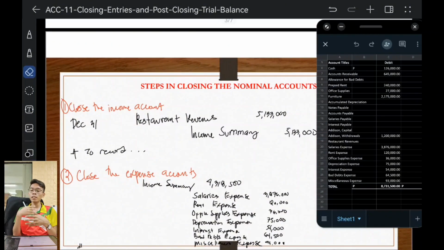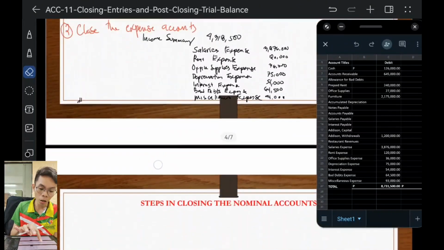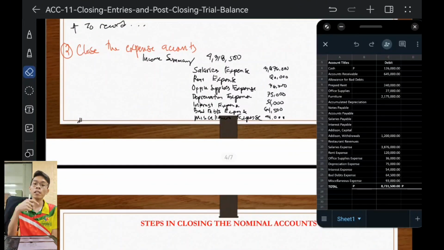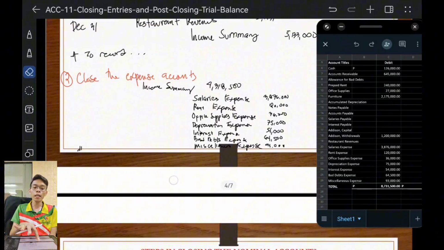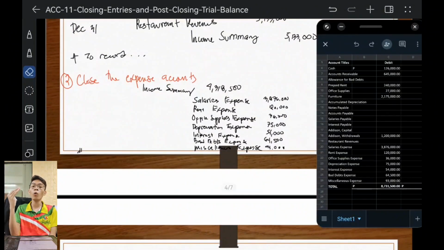So we can now proceed then to the next one, which is to close our income summary. As what I have told you earlier, income summary is also just a temporary account. So after we closed our income and expenses to our income summary, we are going to close then the income summary to the capital.